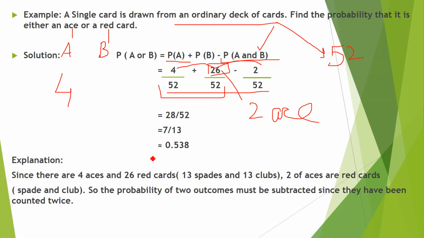Just simplify it, you will get approximately 0.538. And here I have also mentioned the explanation. Since there are 4 aces and 26 red cards, 2 of the aces are red cards, the heart and the diamond. So the probability of two outcomes must be subtracted since they have been counted twice.